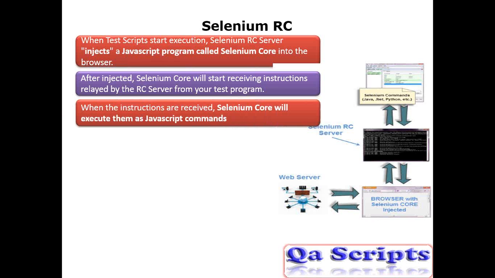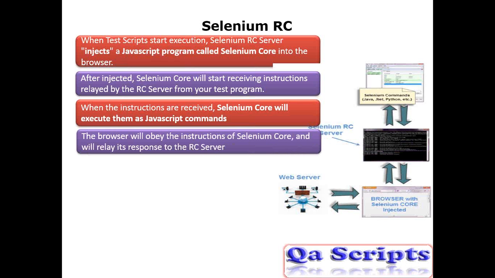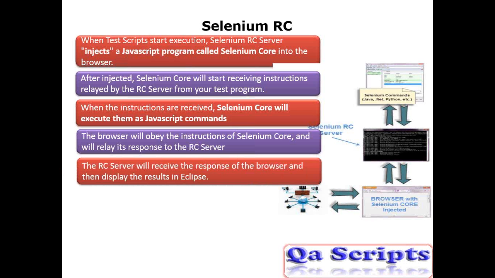So when the instructions are received, Selenium core will execute them as JavaScript commands. The browser will obey the instructions of Selenium core and will relay its response to the RC server. The RC server will receive the response of the browser and display the result in Eclipse.